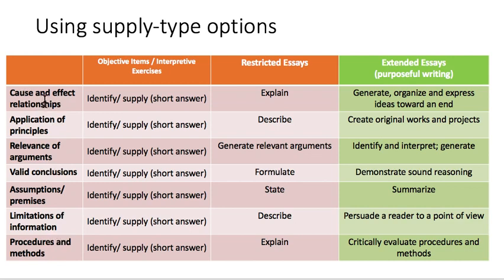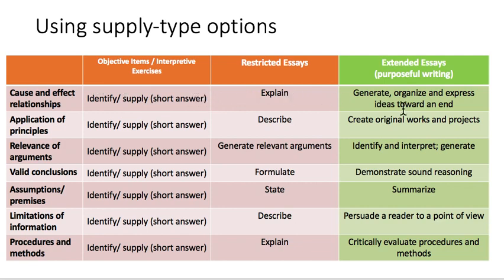And so if I'm talking about cause and effect relationships, whether it's in ecosystems or I'm talking about Spanish colonization or the Civil War, right? Short answer items will have me identify different causes, different effects, right? Restricted essays will be targeted more at having them explain how those things are related and why a cause resulted in the effect that it did.